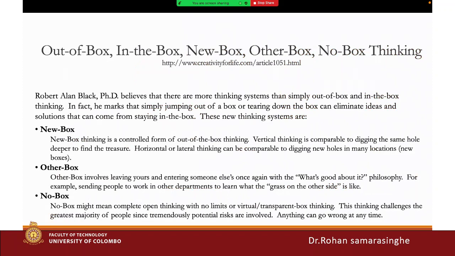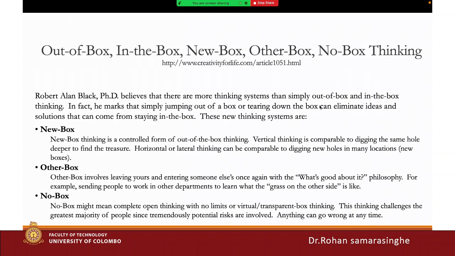So these are the new things you have to understand: out of the box thinking, in the box thinking, new box, other box, and no box thinking. I think you can understand some of this thinking. These ideas were first introduced by Robert Allen in his PhD thesis, who believes that there are more thinking systems than simply out of the box and in the box thinking.